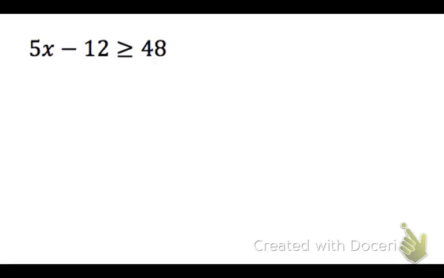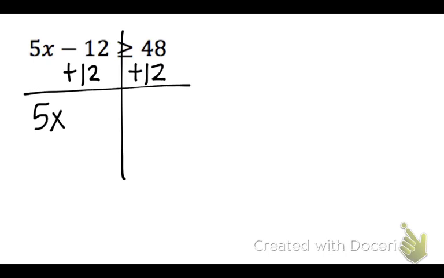All right, and so now we're on to example number 5, which is our final example. I'm going to make one more point, and then you'll do your gate check and whatnot. Okay, so add 12 to both sides. You get 5x is, how do you read the symbol? Say it in your head to make sure that you're reviewing. How do you read that symbol? That is greater than or equal to.